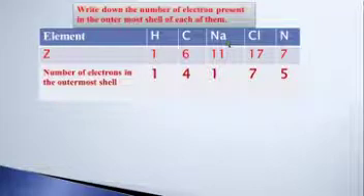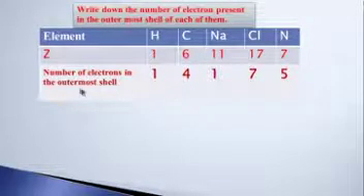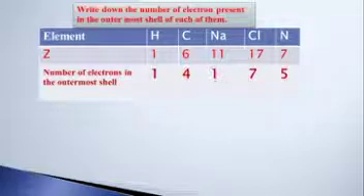Next element is sodium. Its atomic number is 11, means number of electrons present in atom of sodium is 11. Electron configuration of sodium is 2, 8, 1, and therefore number of electrons in outermost shell is 1. Next here chlorine, Cl is the symbol for chlorine.